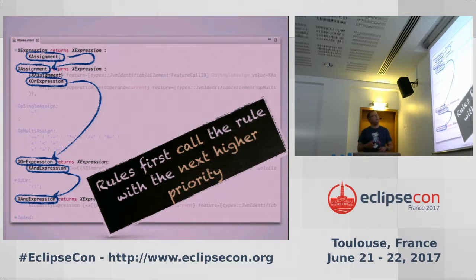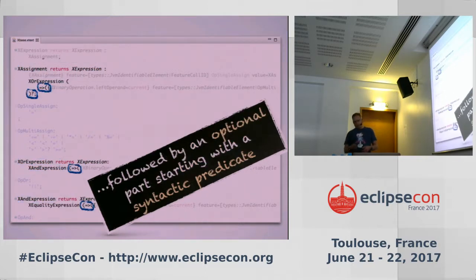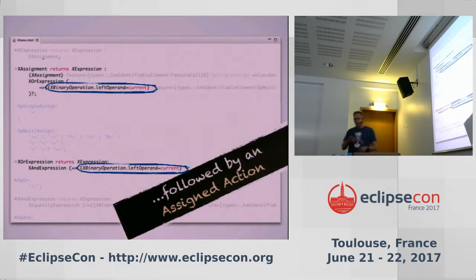Next thing that follows here is an optional part. That's always the same. You will find this all over the rules. An optional part which is introduced with a syntactic predicate. We talk about syntactic predicates in a minute. So this is the same pattern here, followed by a so-called assigned action.